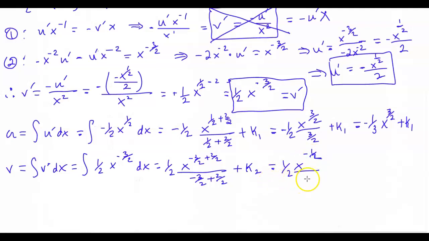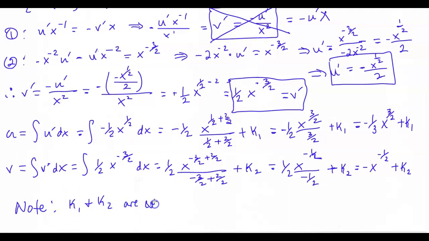That's a 2 down there. This is a -1/2 in the denominator, plus constant, and 1/2 divided by -1/2 is just going to be a -1. And then that will be times x raised to the -1/2 plus the integration constant. And just for clarity here, I'll go ahead and note that K1 and K2 are constants.